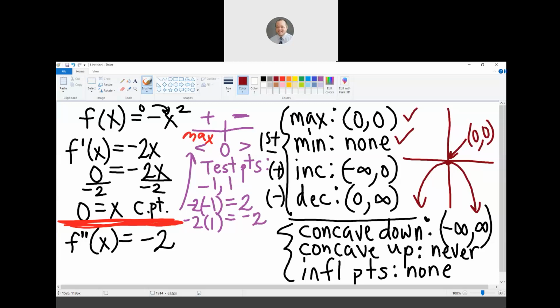Our graph increases from negative infinity to 0. That part's fine. And according to our first derivative test, our graph should decrease from 0 to positive infinity. And that's also true. So everything we found with the first derivative test matches our graph.